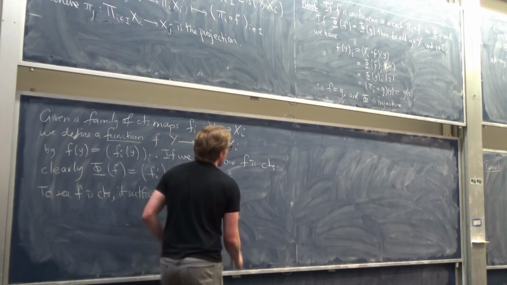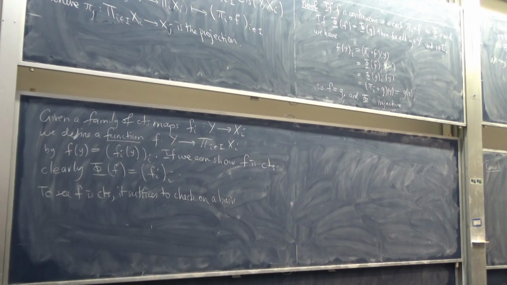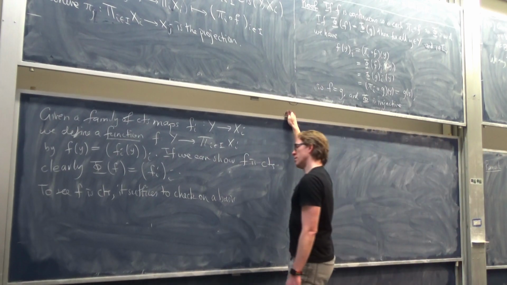Well, I mentioned earlier that if you have a function into a topological space for which you know a basis, to check that that map is continuous, you just need to check the inverse image of a basis is open. Okay, and well, we have a basis for the product.